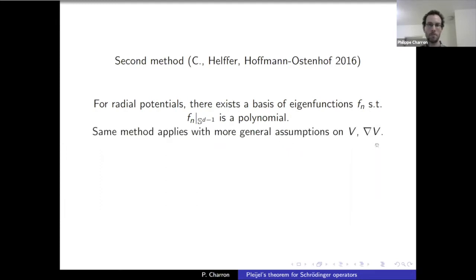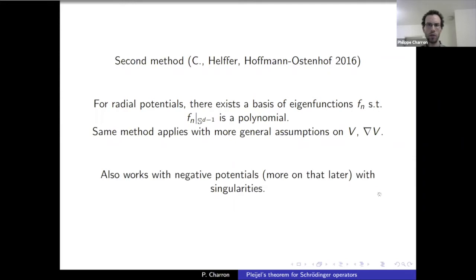So then you apply the same method, you cut with spheres, and the number of spheres you fine-tune in terms of V and the gradient of V. So if you have V that doesn't oscillate too much, then you can do it quite well.